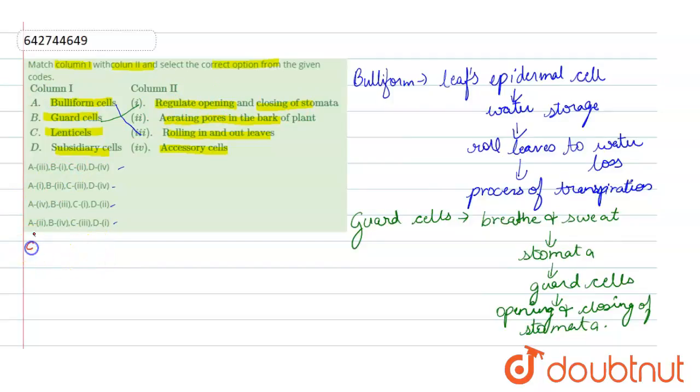Getting further, the C part, which is lenticels. Now, what are lenticels? These permit the exchange of gases between the environment and the internal tissue spaces of the organs.